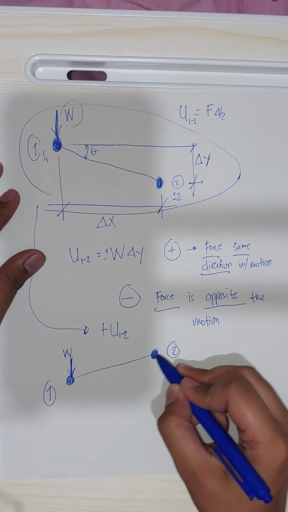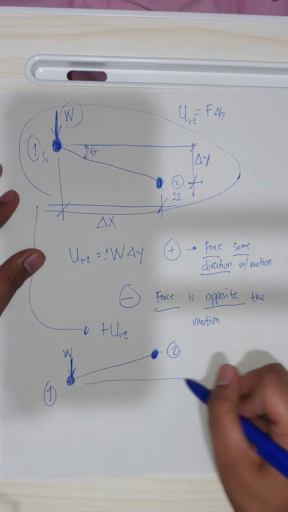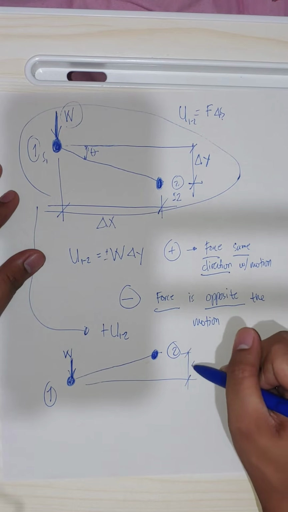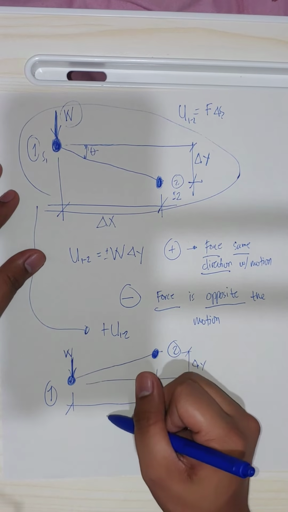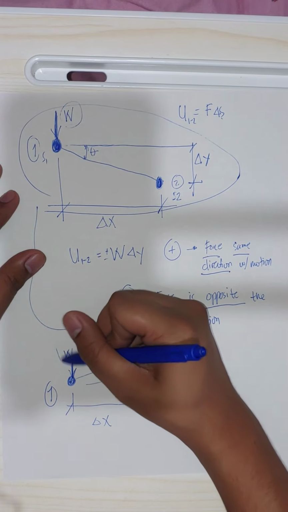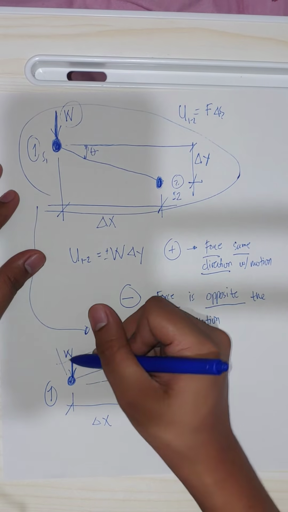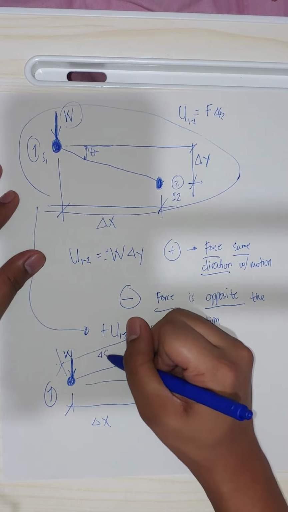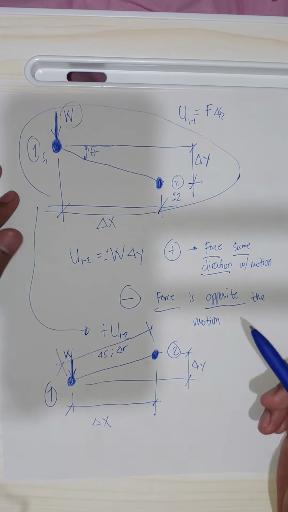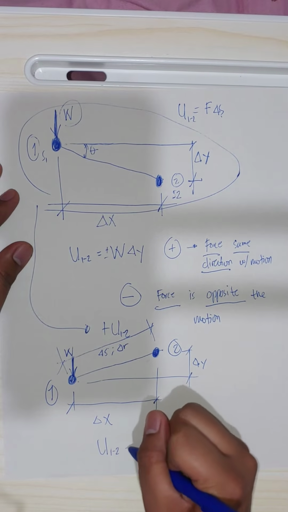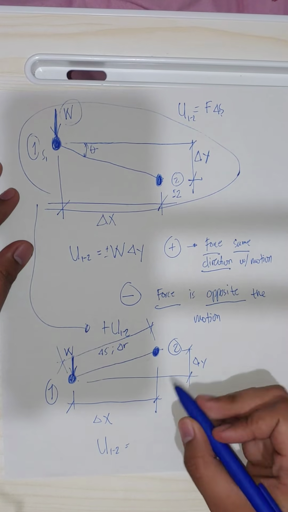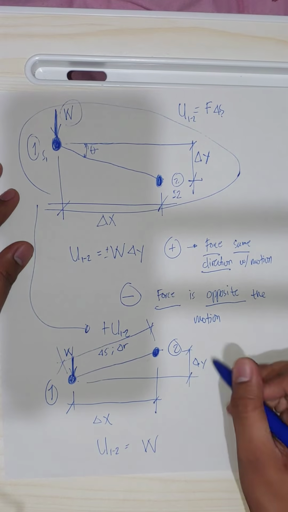So it moved upward. This is the displacement along Y, this is the displacement along X, and this is the displacement along its position. Sometimes we use delta S or delta R. So again, our work from this example is the weight times the displacement Y.